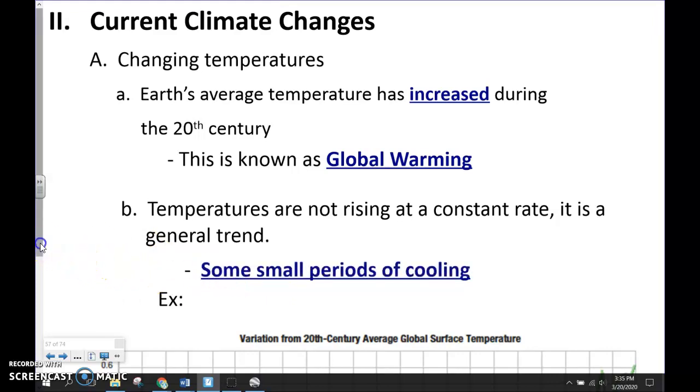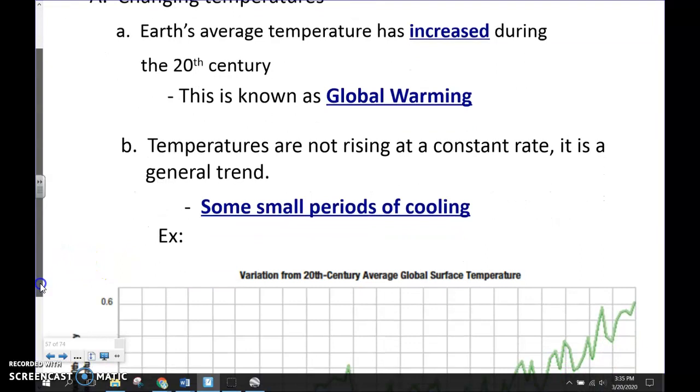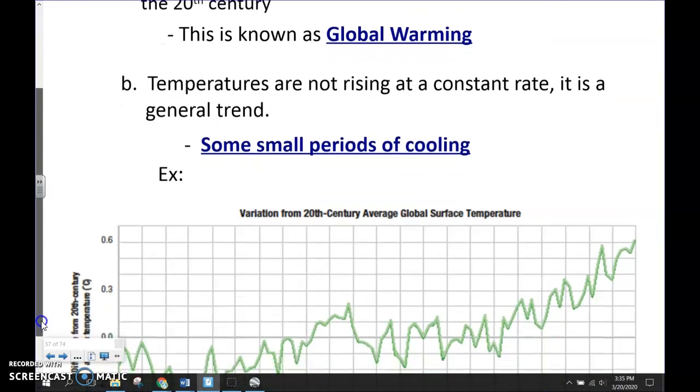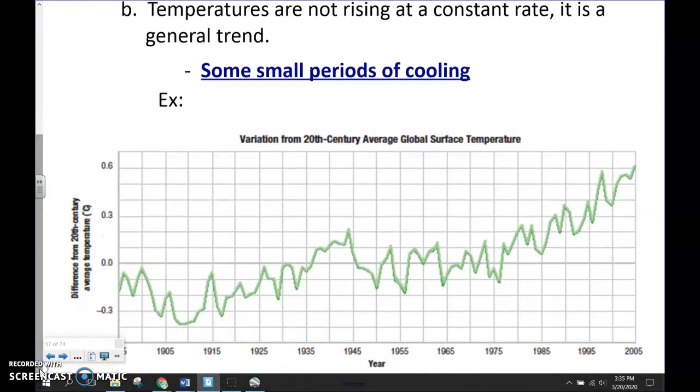So there have been some periods of heating and cooling. So this graph from our book shows what I mean by that. So you can see periods of cold, increased periods of warmth, but that curve in general is going up, and it just keeps getting hotter.